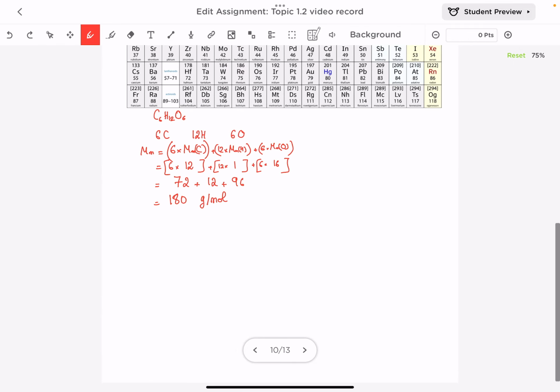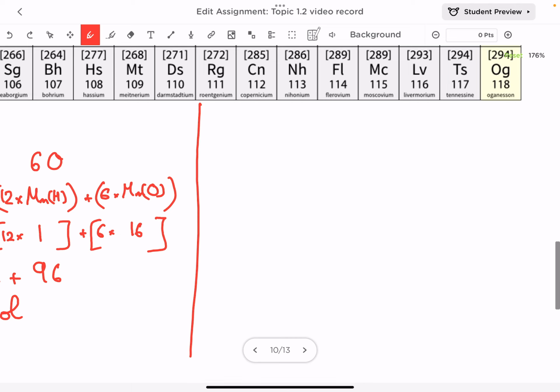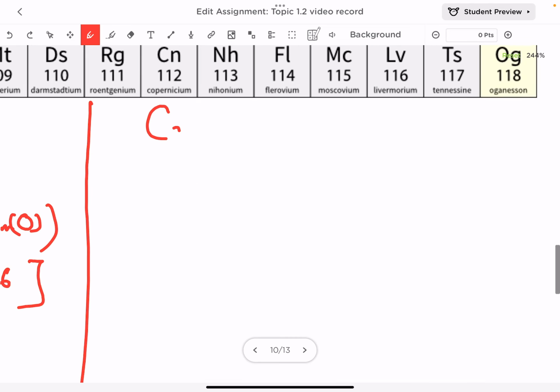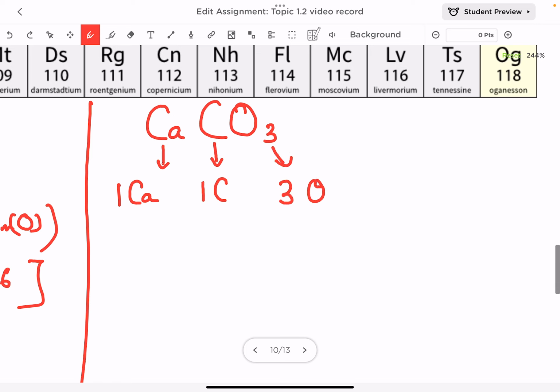Let's take another example. What if the question is asking you to calculate the molar mass of calcium carbonate? Again, you need to understand the structure of this compound. We have 1 calcium atom, 1 carbon atom, and 3 oxygen atoms.